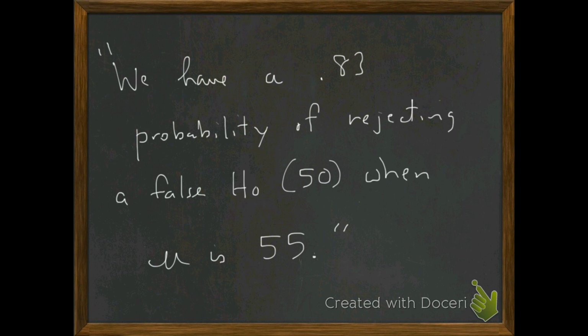Alright, so this tells us that there's a 0.83 probability of rejecting a false null, namely 50 in this case, when the true mean is 55.